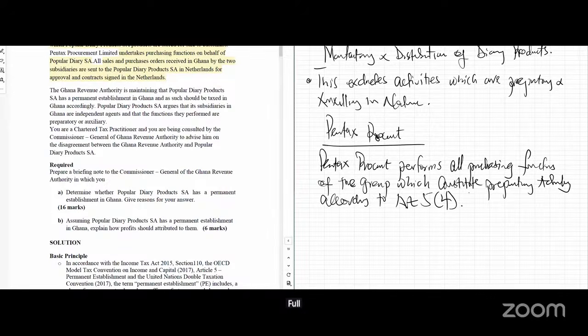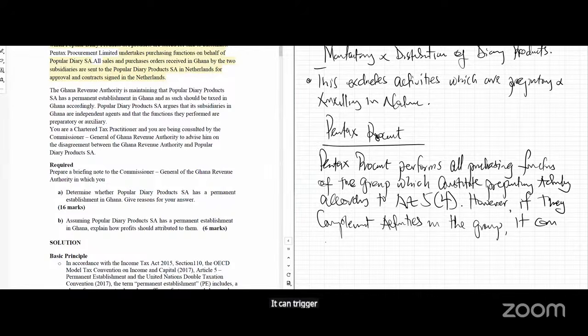However, if they complement activities in the group, it can trigger the anti-fragmentation rule.